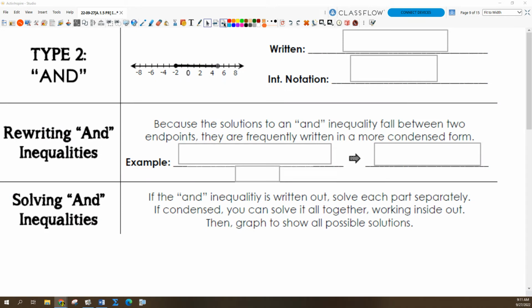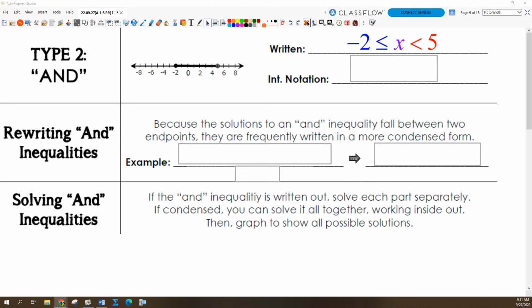Okay, so the other type is an and inequality. When we have an and inequality, notice it's only a single interval. I can put my pen down and graph the whole thing. So this is written as a 3-part inequality with the x starting in the middle.